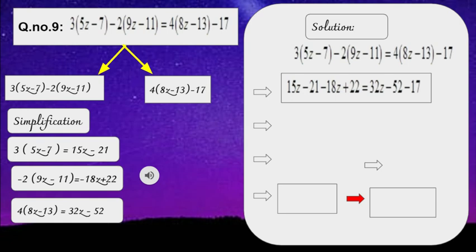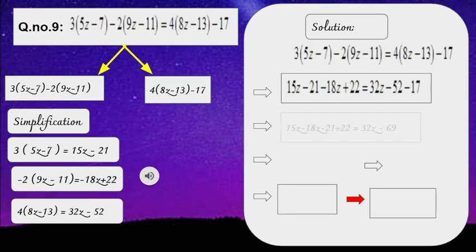That is our second step of the solution. Now in the third step, same way we can do. First in both the sides, put together the variables. Here 15z minus 18z, minus 21 plus 22 is equal to 32z minus 69, means minus 52 minus 17.